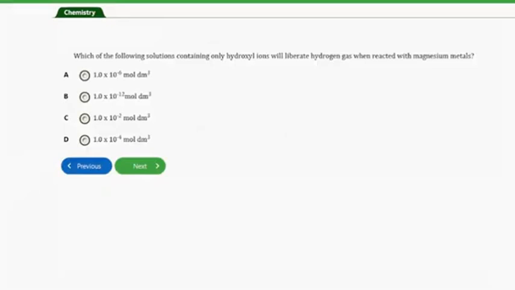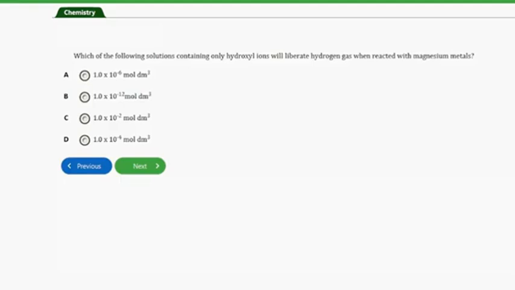So guys, let's go ahead and check out the next question here, and that's question number 2. It says, which of the following solutions containing only one hydroxyl ion will liberate hydrogen when reacted with magnesium metal?